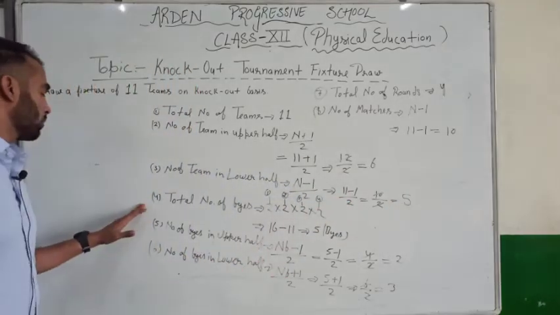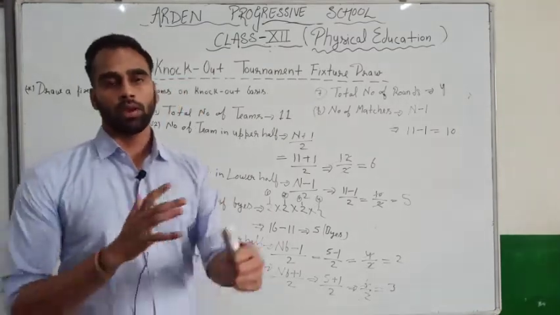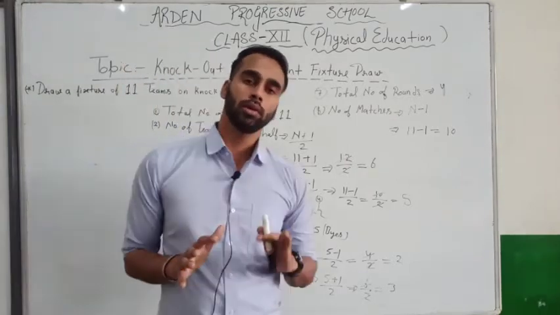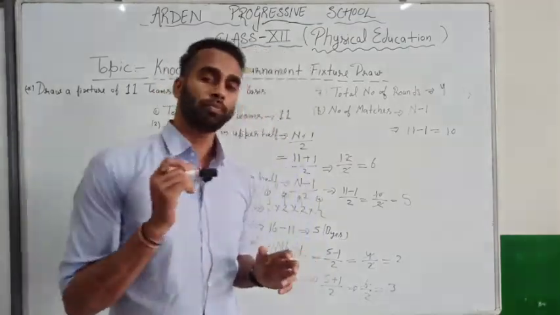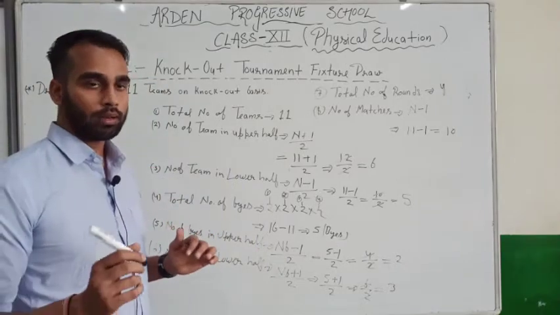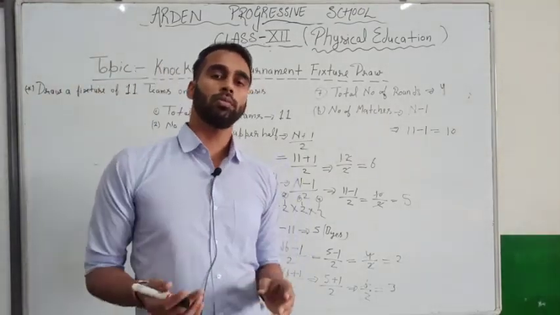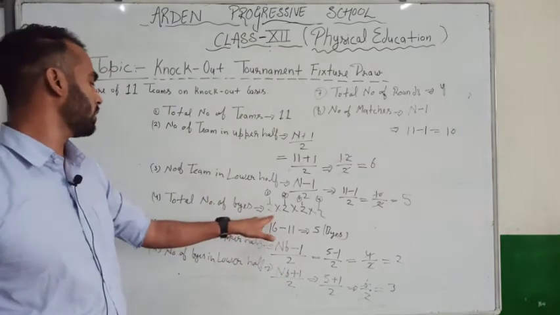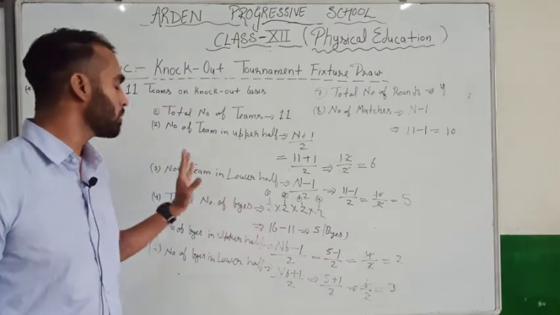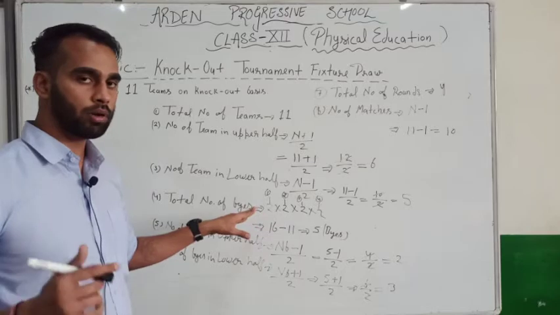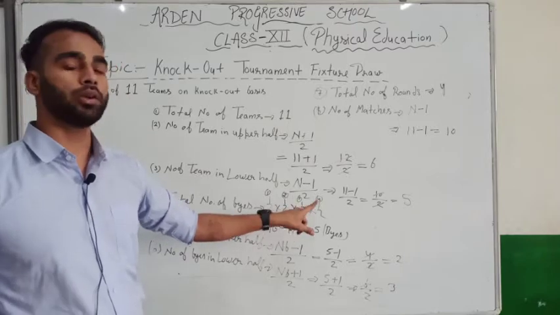Step 4 is the total number of byes. To calculate the byes, we use the next highest power of 2. 2 into 2 is 4, 4 into 2 is 8, 8 into 2 is 16.